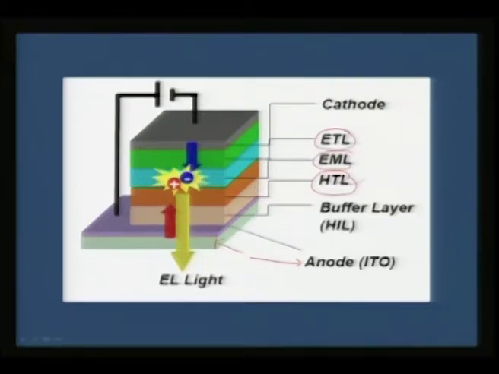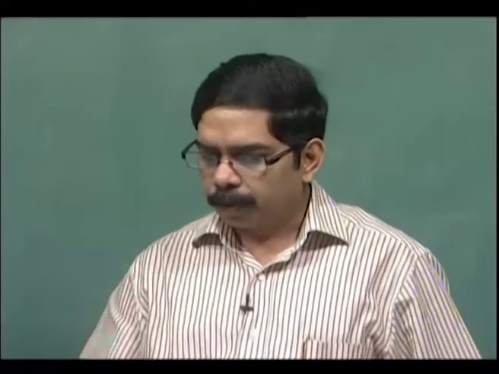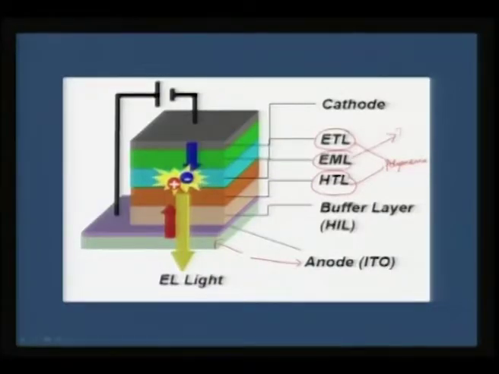Now hole transport layer and electron transport layers can be polymeric in type, or they can also be small organic molecules, but we are actually talking about the organic molecules here, which are called popularly as emissive layers.